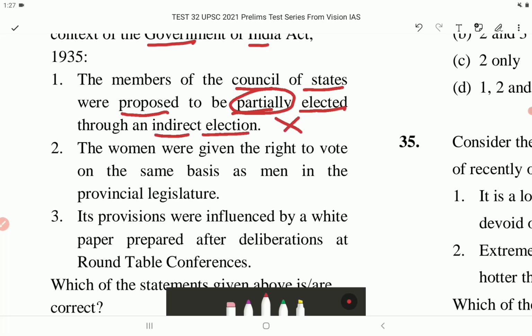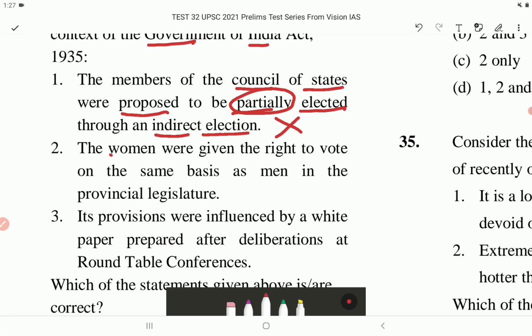This is incorrect. It was not partial. The elections to the Council of States were to be direct from the British Indian provinces, and partial representation of the princely states was through nomination. So statement 1 is incorrect.